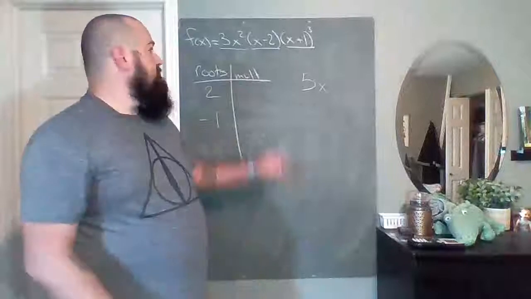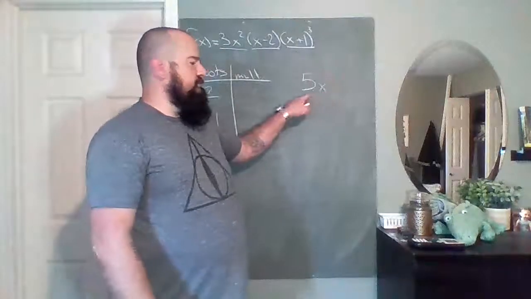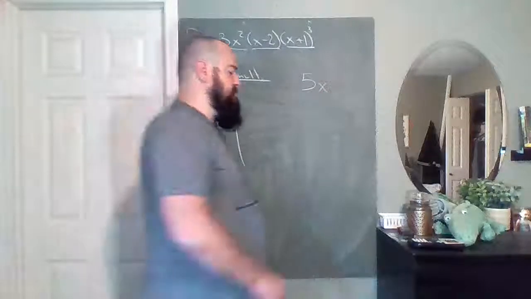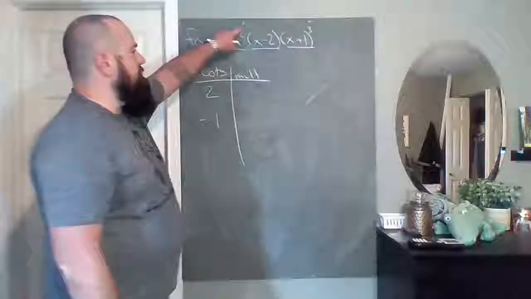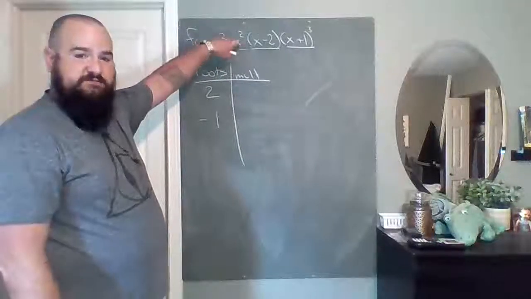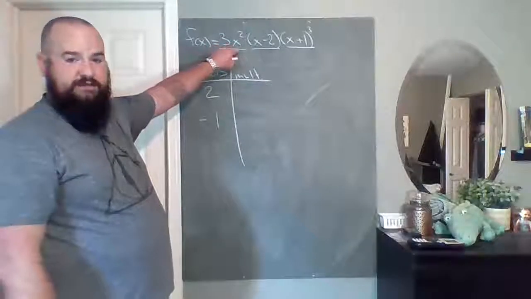But if I add in that x, like we have in here, now what does this equal if x equals 0? 5 times 0 is 0. So when we're looking at this leading coefficient in factored form, we need to see: is there an x there by itself or with that leading coefficient?